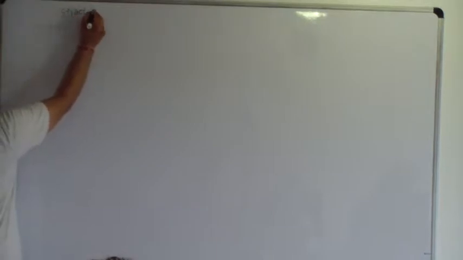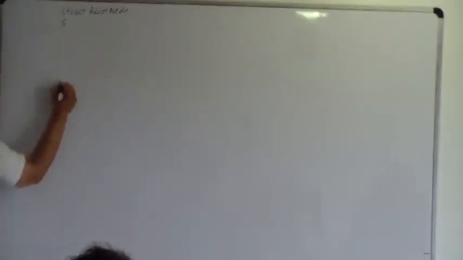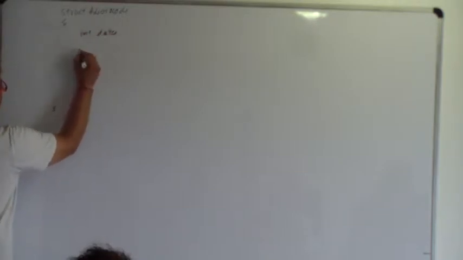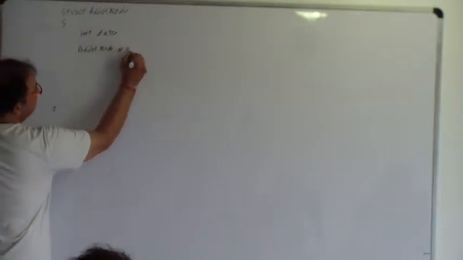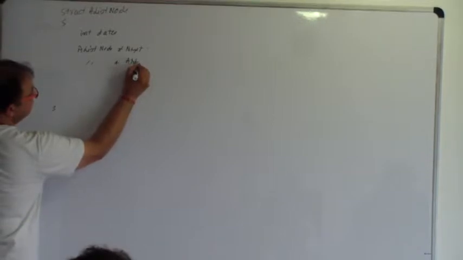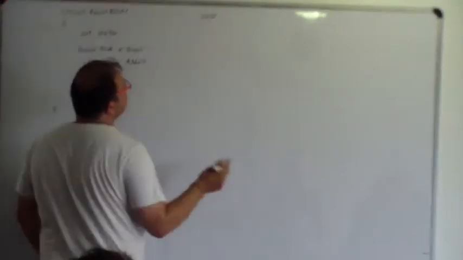So the structure is struct ListNode, and it has integer data, a ListNode star next, and a ListNode star arbitrary. Do we have to return?